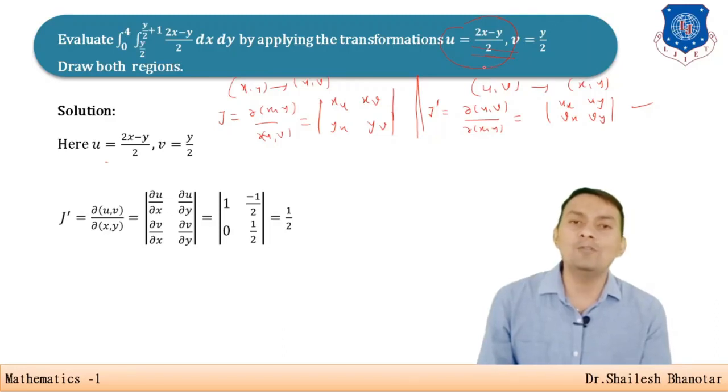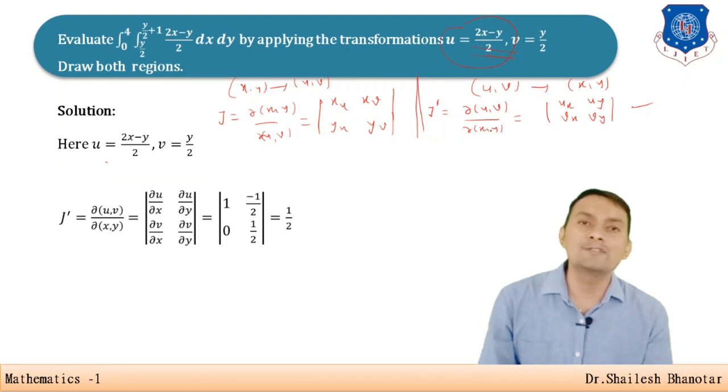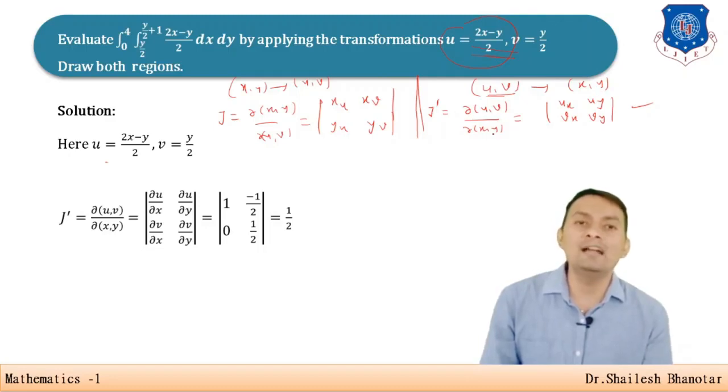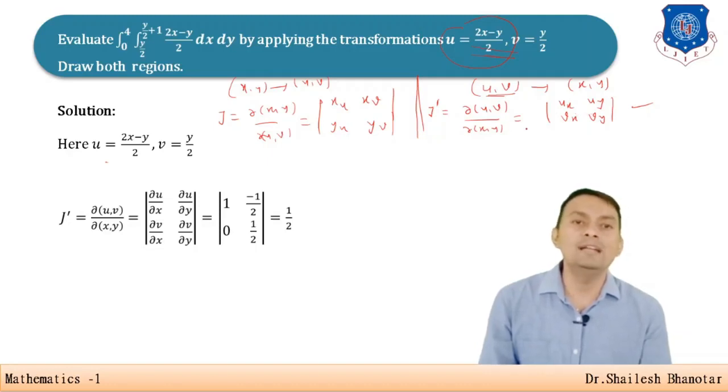So instead of that, I am going to consider J' equal to del(u,v) divided by del(x,y). If we can write u and v in terms of x and y, then we use del(u,v) divided by del(x,y), with u_x, u_y, v_x, v_y, and we can determine the partial derivatives of u and v with respect to x and y, and that gives J'. Our result is that J into J' is nothing but 1. So whenever I want J, I consider 1 divided by J', and that is our standard formula.